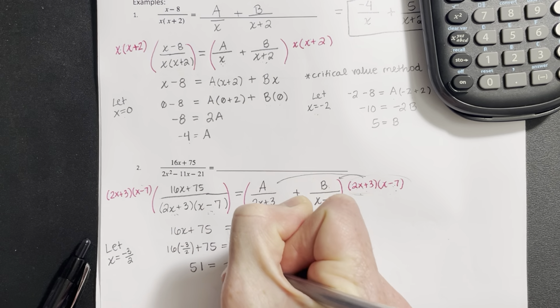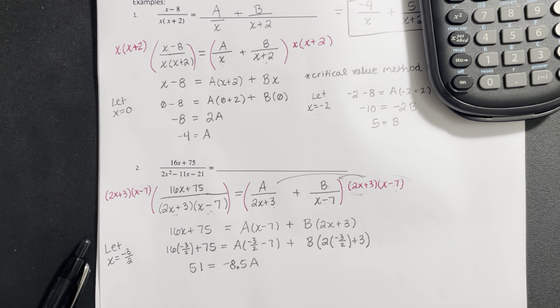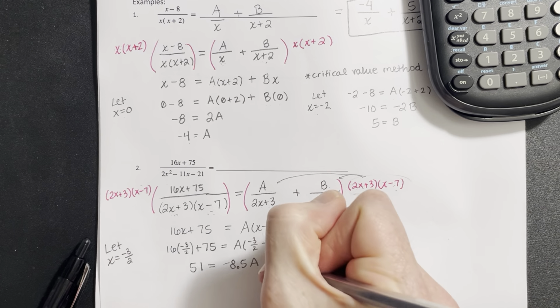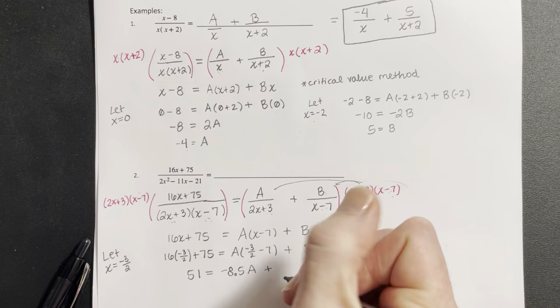If it was not a terminating decimal, you'd want to use the fraction form, but you can also use the fraction form here. Plus, and then let's just double check that this will make the b disappear. That's 2 times negative 3 over 2 plus 3, and we do get 0. That's b times 0.